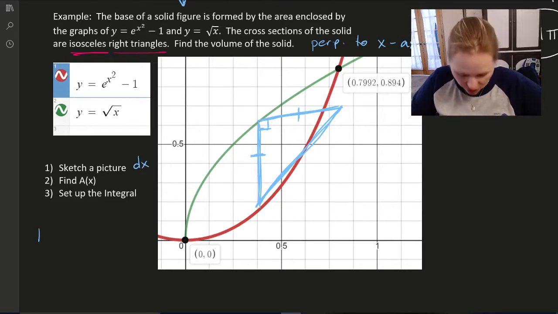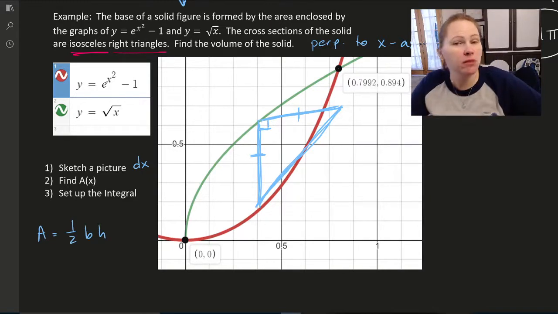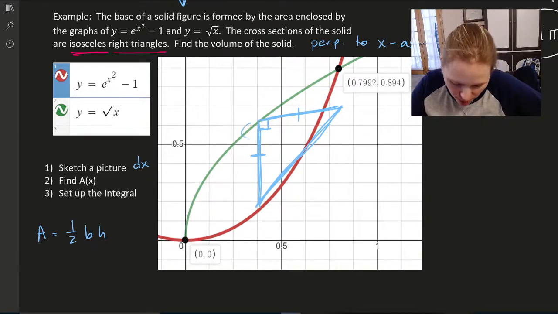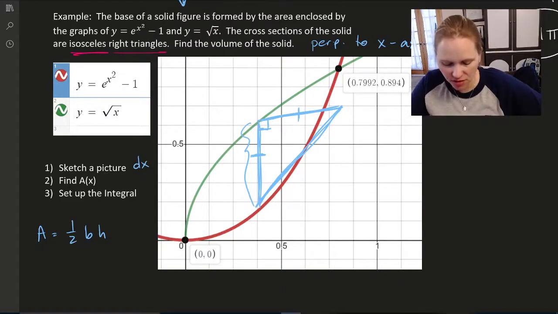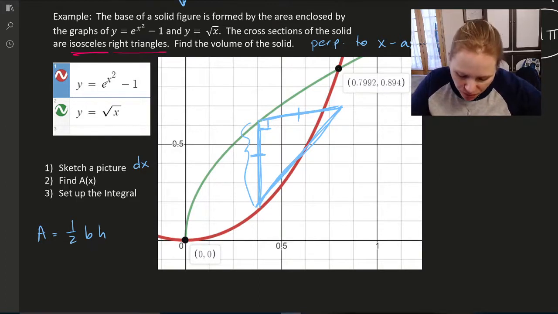Well, the area of a triangle is 1/2 base times height. So what is my base and what is my height? Well, my base is this distance here. Now this is where it gets a little tricky because it's not going down to the x-axis, but rather it is a distance where it's this green curve minus this red curve. So let's talk a little bit about that.